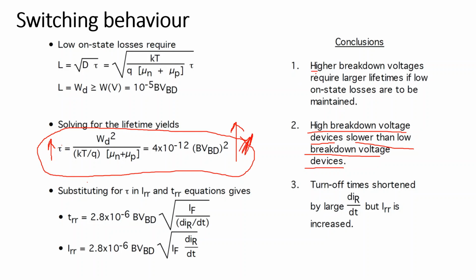It is concluded directly that higher breakdown voltage requires larger lifetimes, and we have already discussed that the turn-off time, that is TRR, is shortened by large dIR by dt, but IRR is increased.